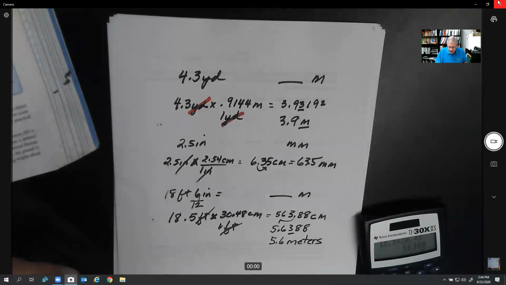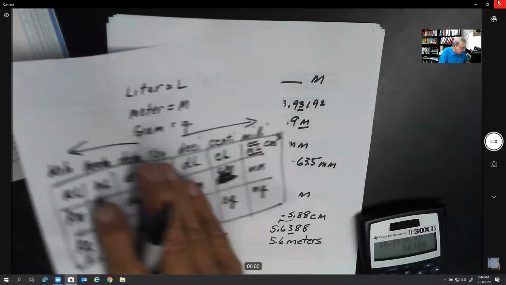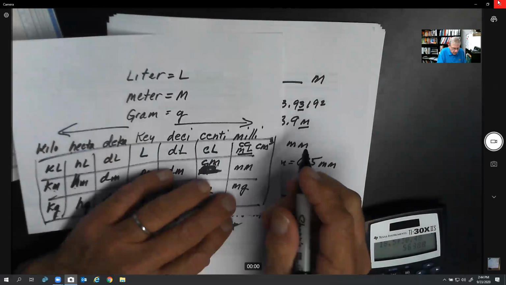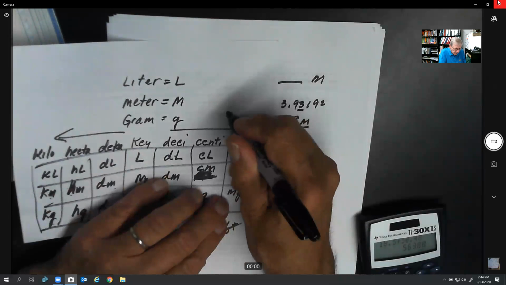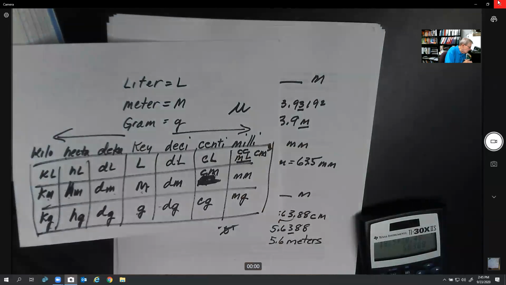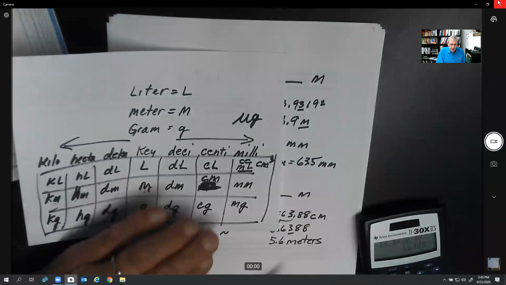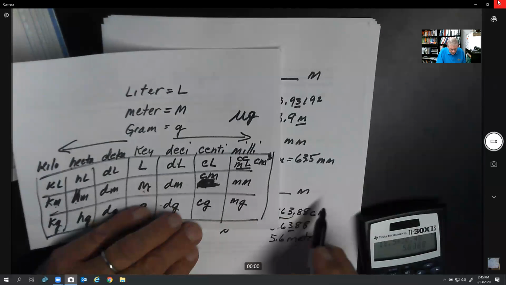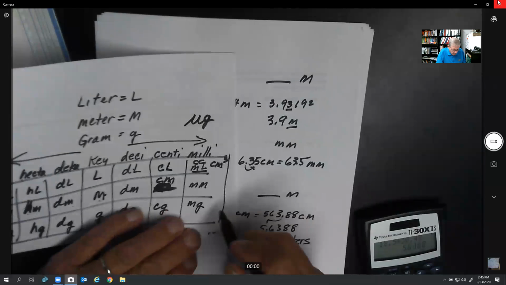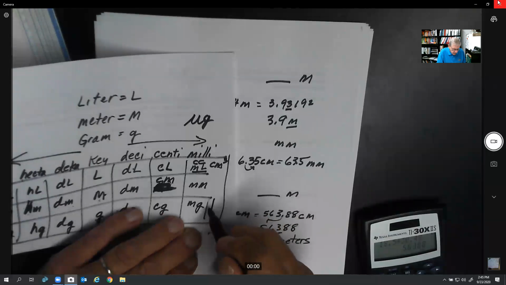One other unit we have over here is we got milli and we have micrograms. Now, microgram is shown this way. We only use it for grams. So micrograms is this way, UG. And what it does is there would be 3 more boxes to go over. 1, 2, 3.